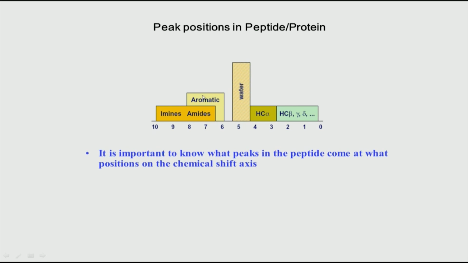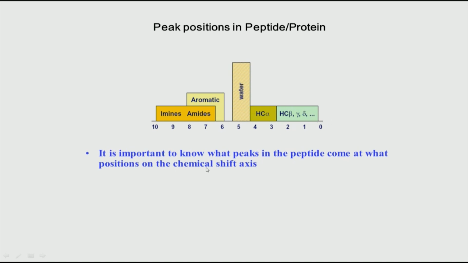This is similar to what we normally see in organic compounds: if you have an aromatic spin system, we get peaks somewhere in 6 to 8. Amides, the CONH, the NH of the peptide bond, also come in these particular regions, and then come more special ones like imines and so on, but our major focus now is only on these 4 functional groups: amides, aromatics, H alpha, and the remaining aliphatic side chains.